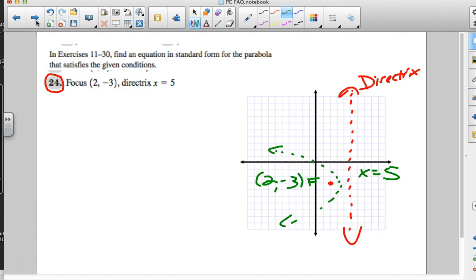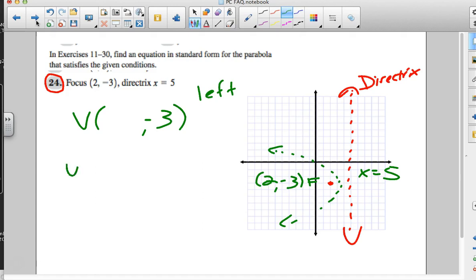So what I know about that vertex is it's going to be something, -3. And that's because this is going to be a left opening parabola. Wrapping around that focus ensures that. So we've got a left opening parabola.